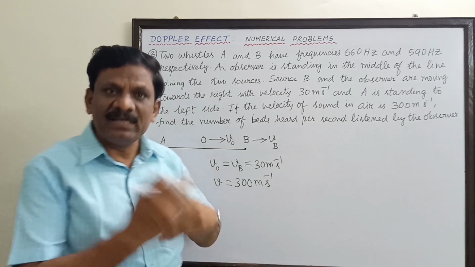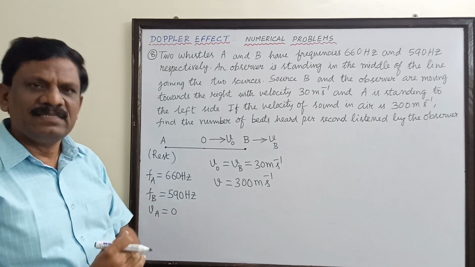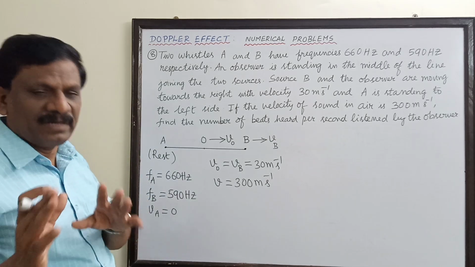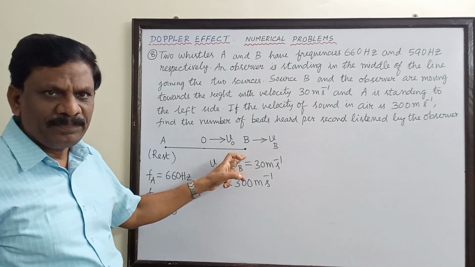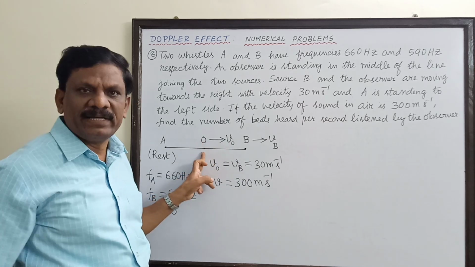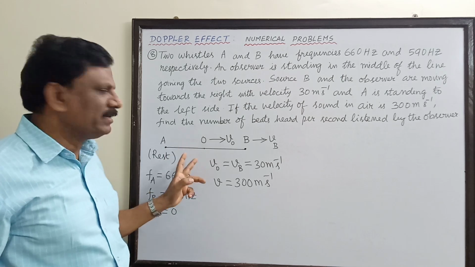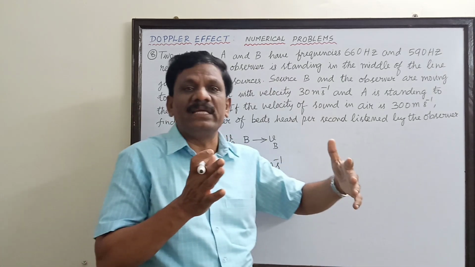It is a different type of problem in Doppler effect, but very easy and interesting. Remember that along this straight line, two sources are at A and B, and O is the midpoint where the observer is standing initially. After some time, the observer as well as the source B both are moving towards the right.